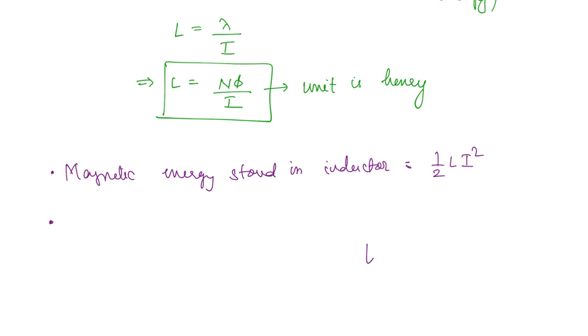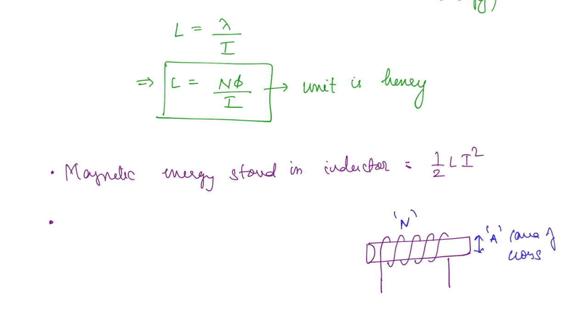So let's take a core around which the coil is wound. So this is an inductor. Often it is air cored, that means there is no core, there is only air. Here let us say the number of turns is n, and the area of cross section of the core is A, and the length of the coil is L, let us say.